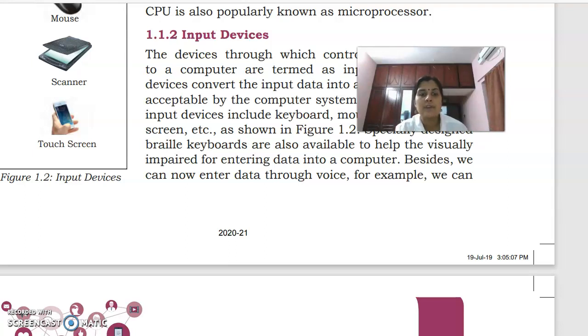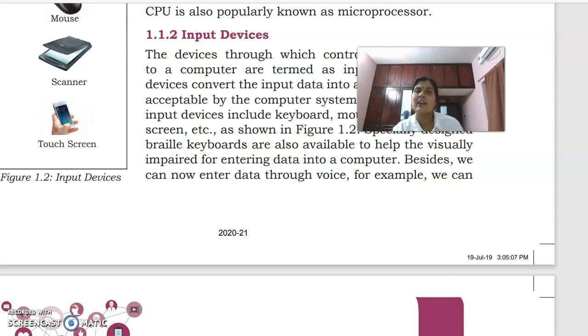So what is the purpose of an input device? By using an input device, a user can give input to the computer. That means we are giving some inputs to the computer. The computer, with the help of the central processing unit, processes those inputs, and with the help of an output device we get the output.